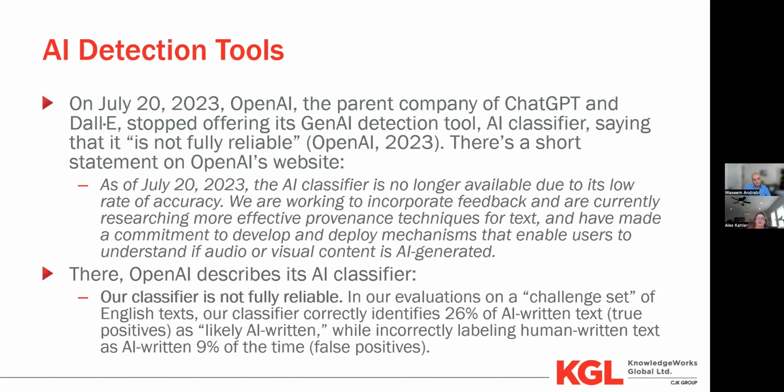In a second statement further down on the website, they said that in their evaluations on a challenge set, their classifier correctly identifies 26% of AI written text as likely AI written, while incorrectly labeling human written text as AI written 9% of the time. Those are false positives. And this is just as of July this year.